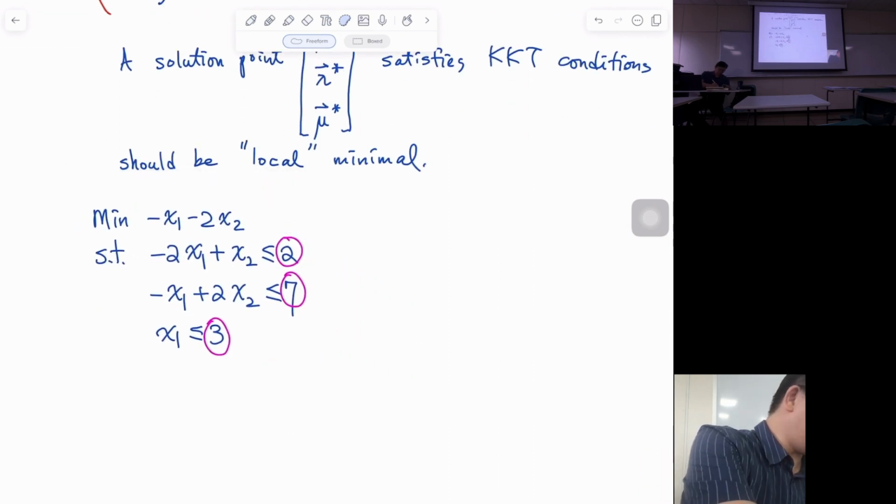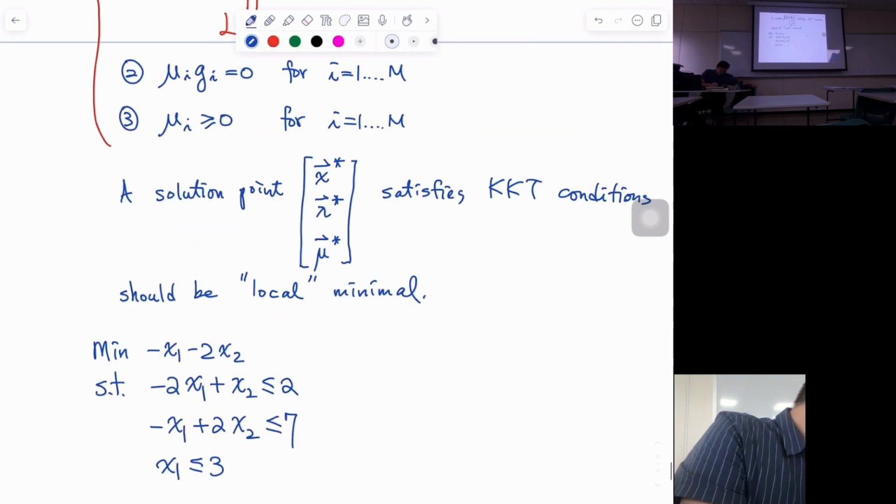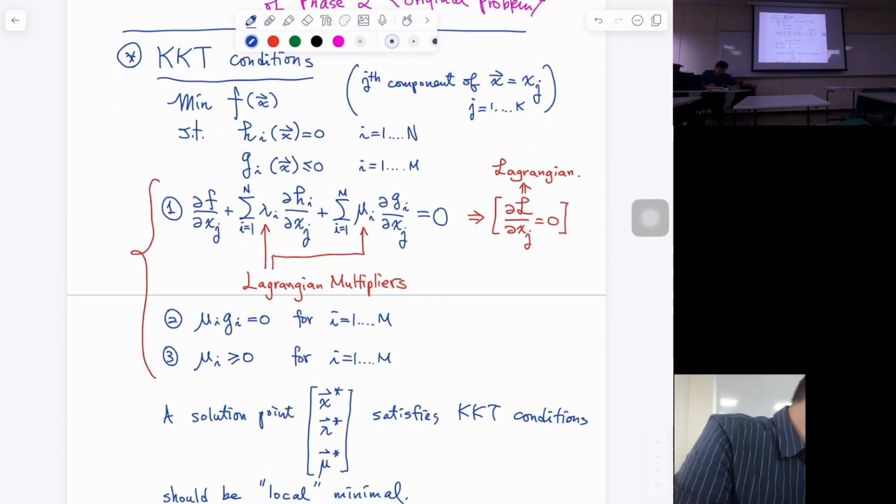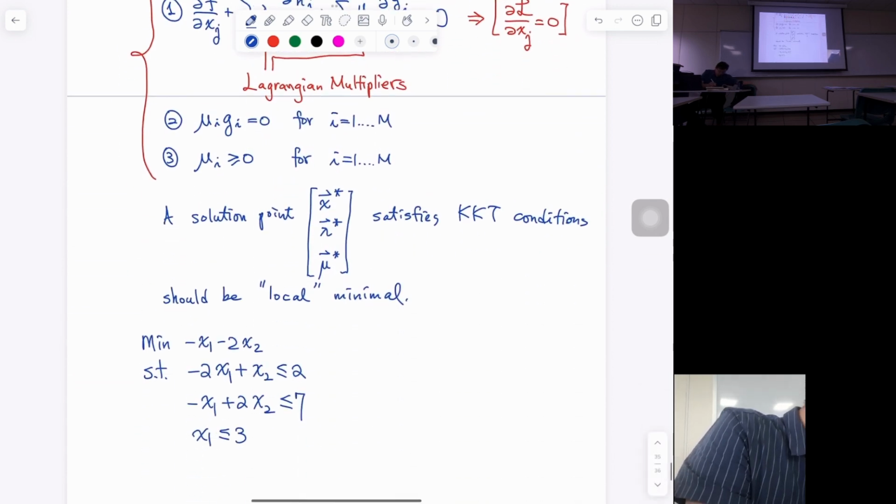So this is the real original problem. Before we introduce slack variables, in this case, I need to formulate it into a general form for KKT conditions.